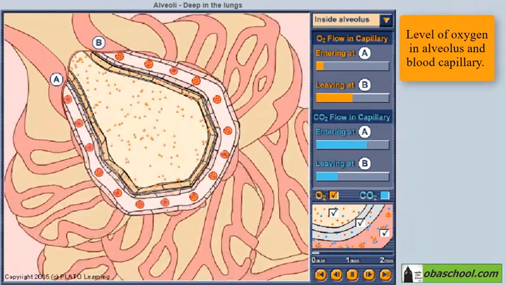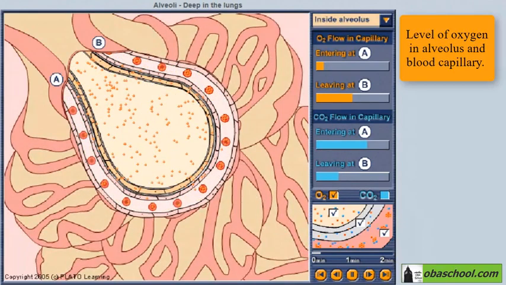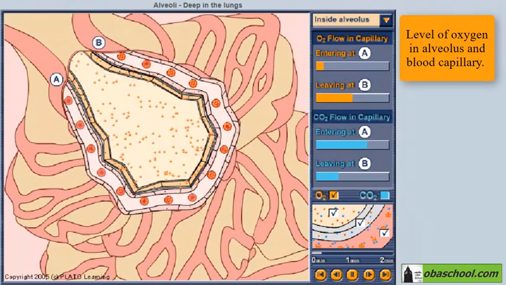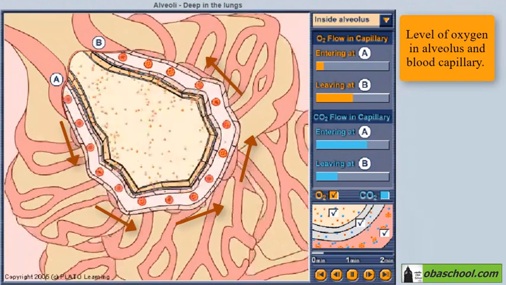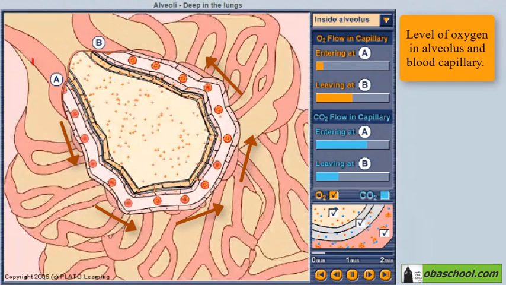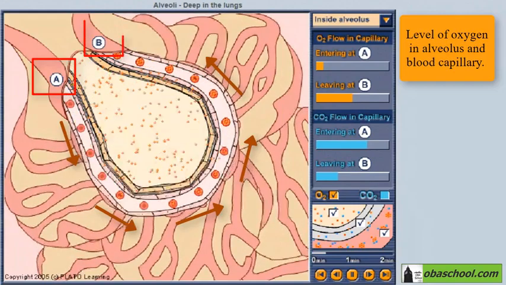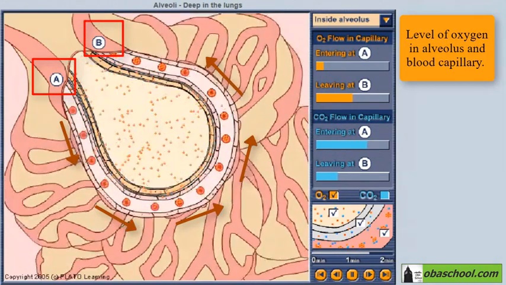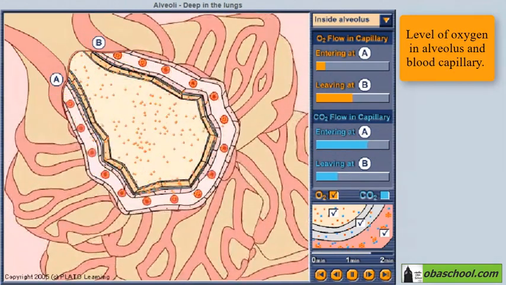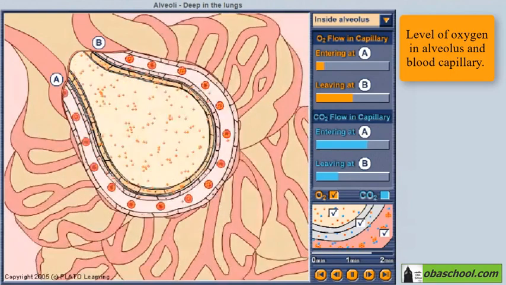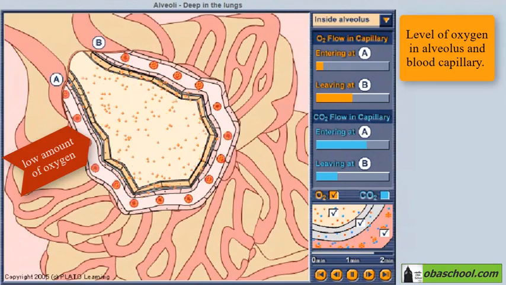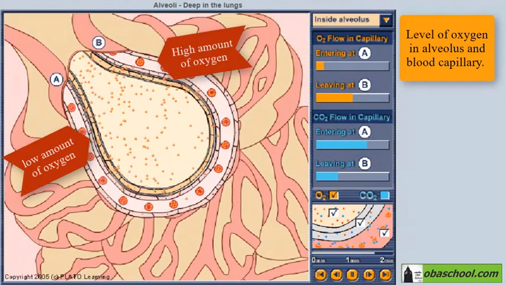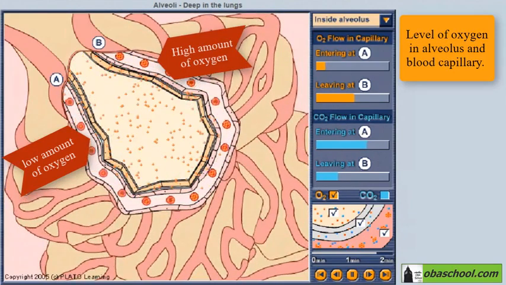So how does the number of oxygen molecules in red blood cells change as the blood flows around the alveolus between points A and B? As you can see, when the red blood cells first enter at point A, the number of oxygen molecules is much less than those leaving at point B.